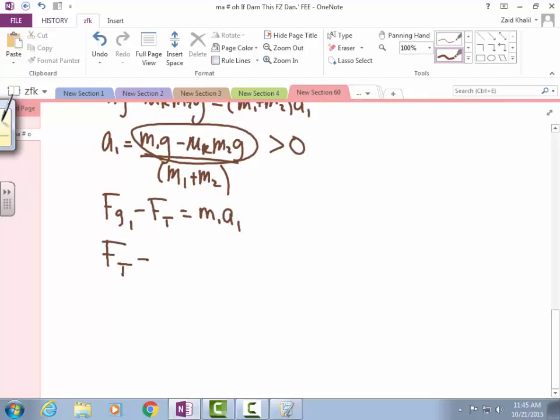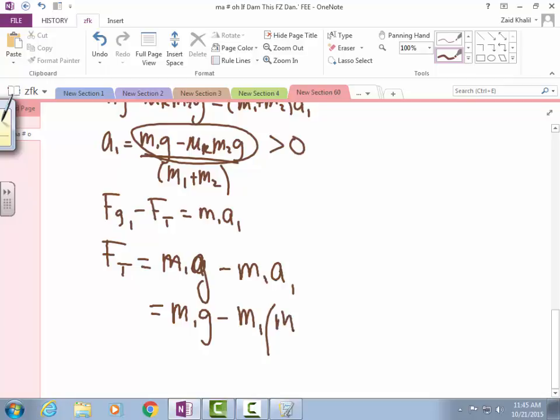You get FT equals M1G minus M1A1. What did I do? Added FT to both sides, subtracted M1A1 from both sides. Or another way to do it is to just rearrange them. So start plugging in. What do you get? You get M1G minus M1 times A1. What's A1? It's that monstrosity up there. It's (M1G minus mu K M2G), all divided by (M1 plus M2).